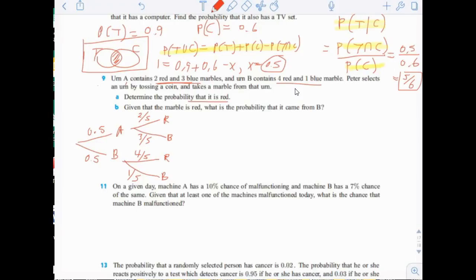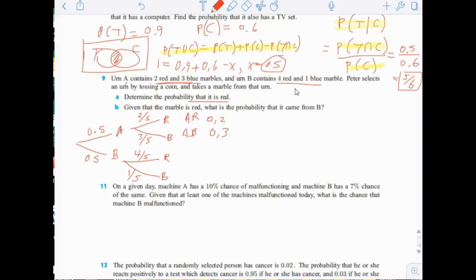So 0.5 times 2/5. By the way, 2/5 is 0.4. So 0.4 times 0.5 is 0.2. That would be for the event AR. So the event AR would be 0.2. And then 0.5 times 3/5 for the event AB would be, let's see, 0.6 times 0.5, which is 0.3.